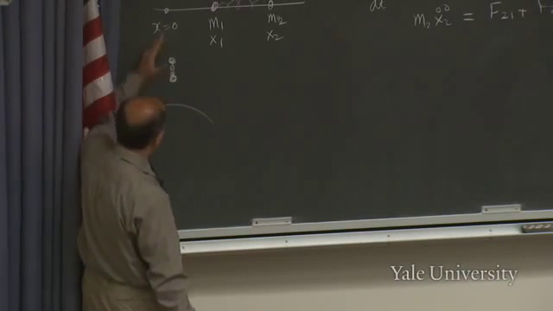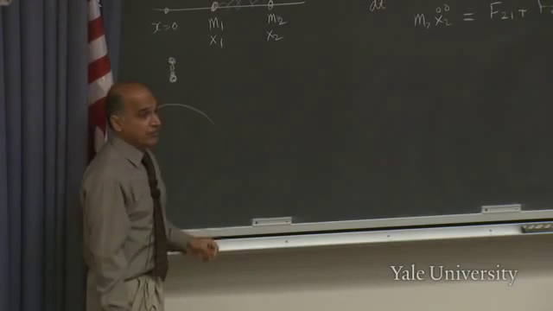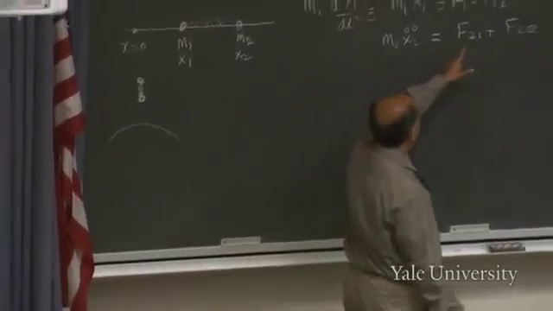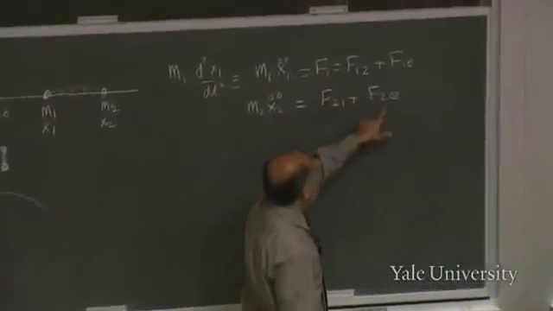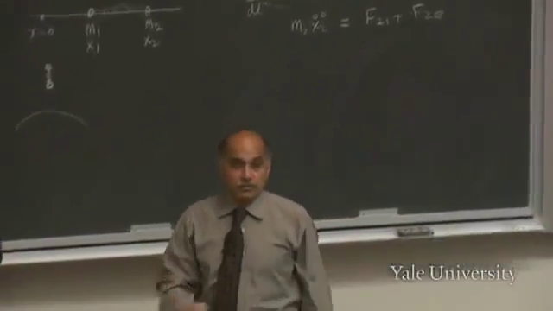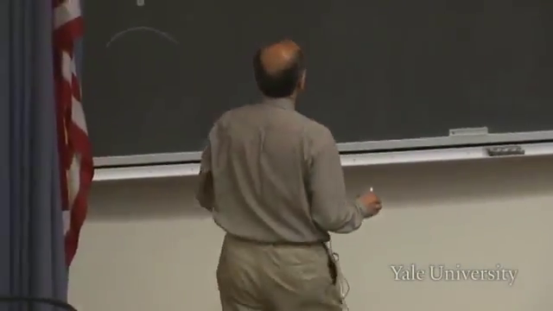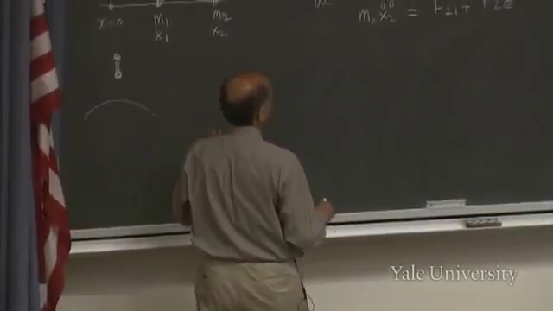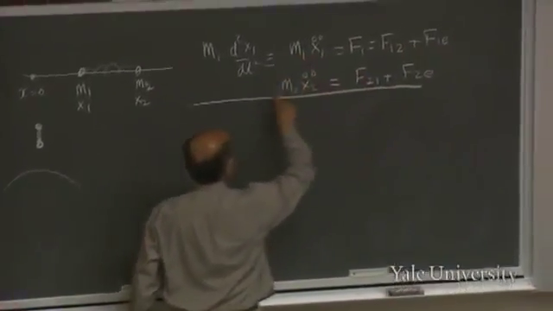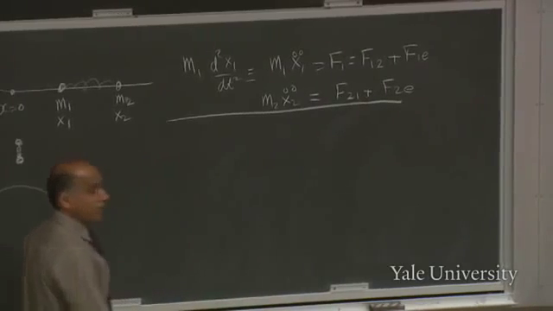So they will both fall down and also oscillate relative to each other. They're all described by this equation. This will be the spring force transmitted from 1 to 2. This will be the force of gravity. Or it could be electric force or any other force due to anything else. I'm not interested. Now here is the interesting manipulation we're going to perform. We're going to add the two things on the left-hand side and equate them to whatever I get on the right-hand side.